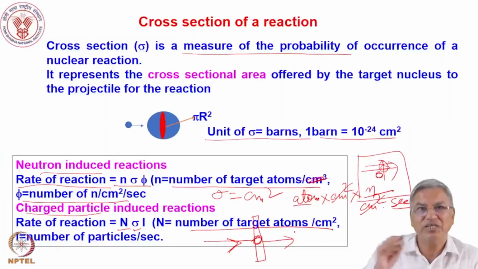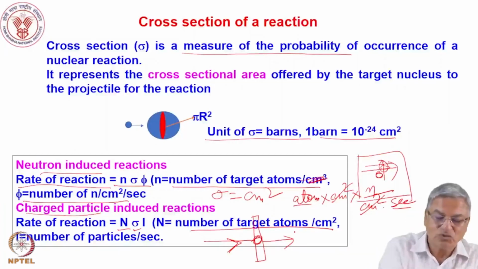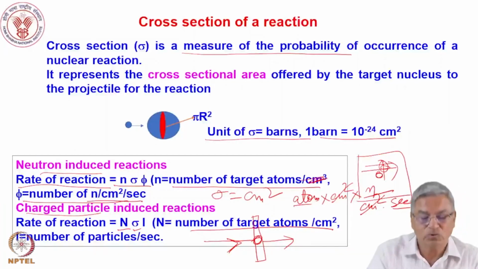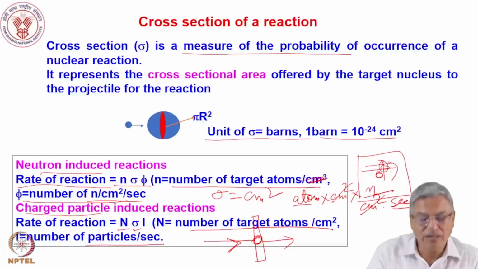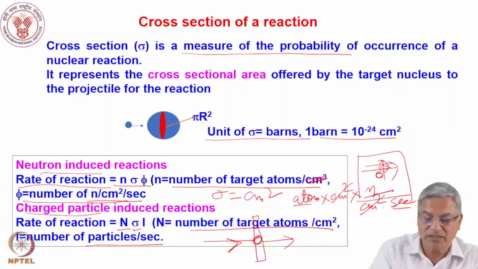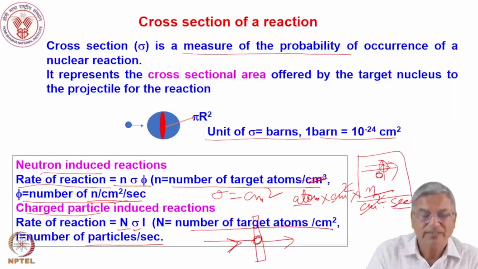So there is a slight change in the units of flux or the particle intensity. In the case of neutrons, it was flux, neutrons per centimeter square per second. In the case of charged particles, it's the particles per second. So both the reaction rates ultimately will come out to be atoms per second.